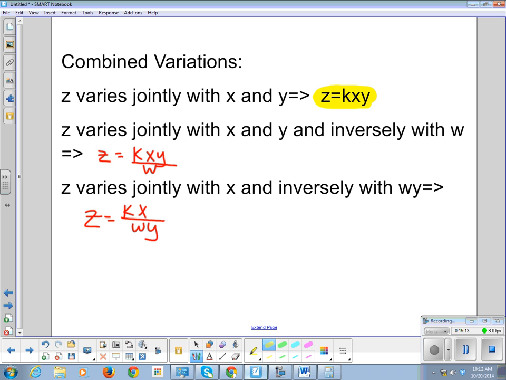If z varies jointly with x and y and inversely with w, so z equals constant of variation, x and y on the top, and because w is the inversely part, w goes on the bottom. Now if we get all crazy and it says z varies jointly with x and inversely with wy, so here's our z, our constant of variation on the top, x is on the top because it varies with x, and inversely with wy. So we can start combining all of them together.